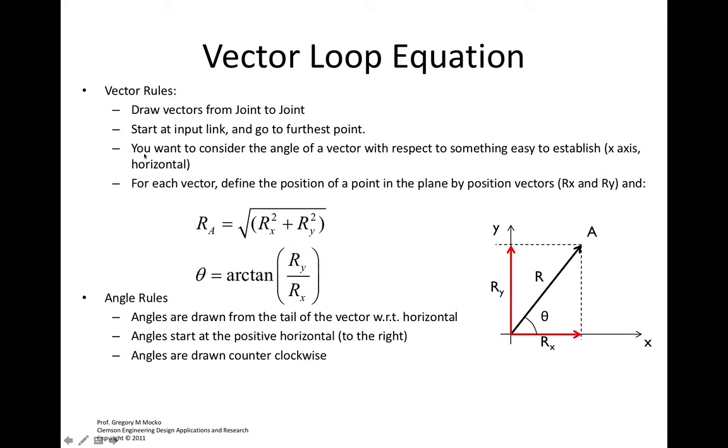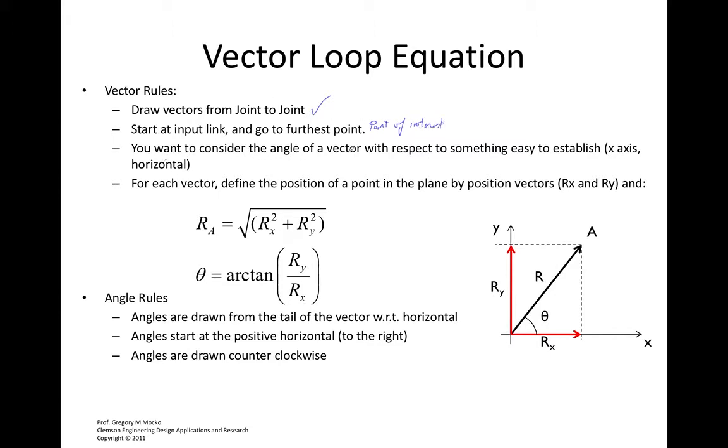Real quick, when we look at vectors, we can study and use the idea of components and then angles. And the rules for drawing these vectors: vectors go from joint to joint. Okay? We start at the input link and go to the furthest point or the point of interest. This is kind of what we're looking at.